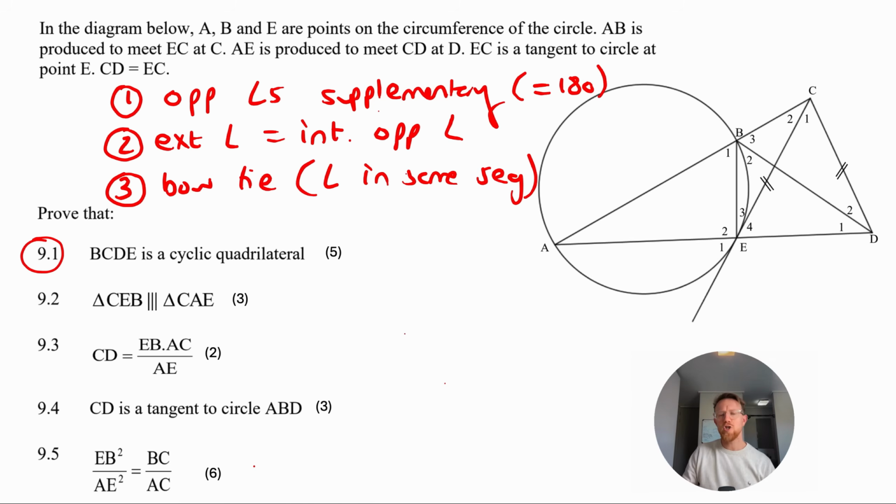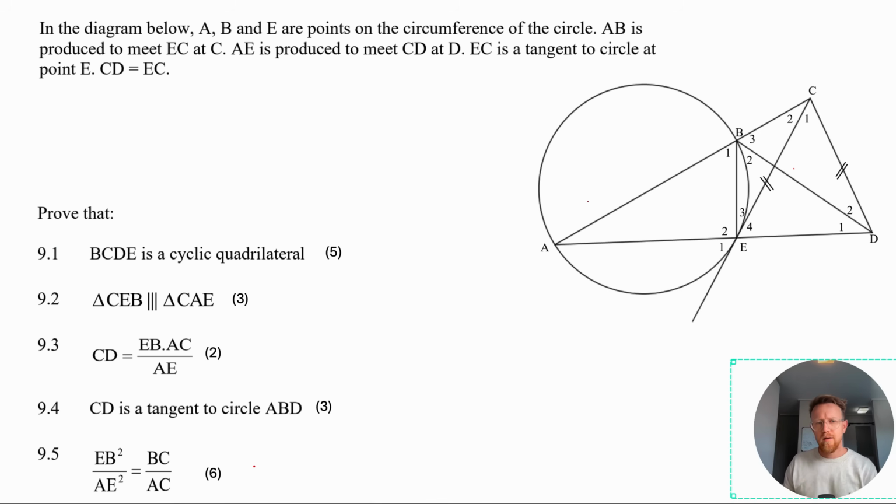So if we can show any one of those 3 things, then we can say that this thing is a cyclic quad. Okay, so let's go fill in the basics of what we do know already. They've told us that this length is the same as that length. So within that triangle, that means that triangle is isosceles, so those 2 angles are the same.